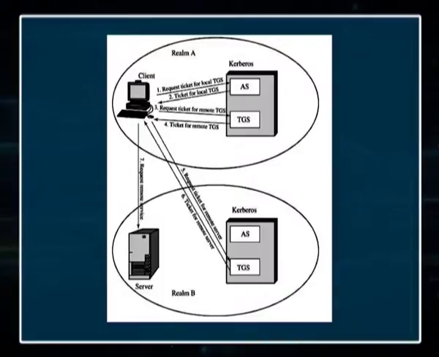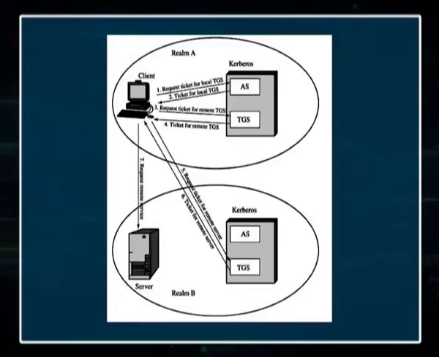The scheme requires that the Kerberos server in one realm trust the Kerberos server in the other realm to authenticate its users. Furthermore, the participating servers in the second realm must also be willing to trust the Kerberos server in the first realm. With these ground rules in place, we can describe the mechanism as shown in the figure.